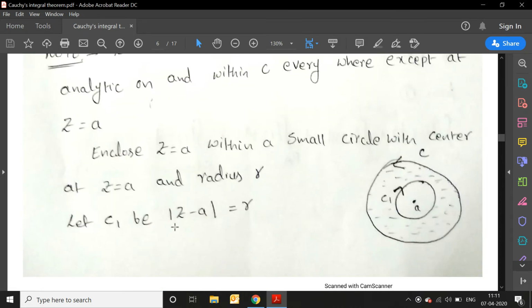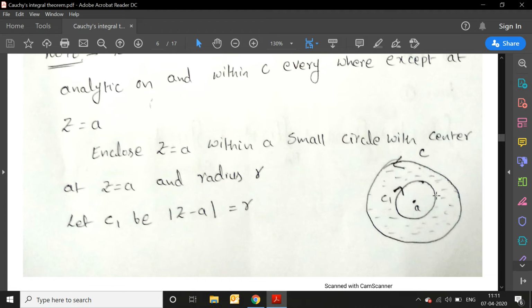Let C1 be mod z minus a is equal to r. Means again we have to take another curve inside C, that is C1, with center at a and radius r. So that circle is mod z minus a is equal to r, because this indicates z is equal to a, the center of the circle is a and the radius is r for circle C1.